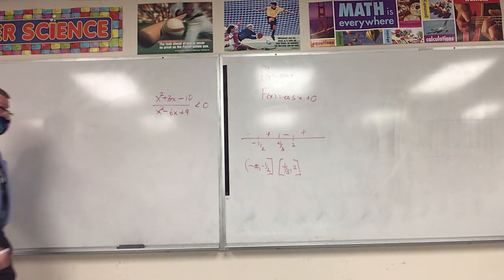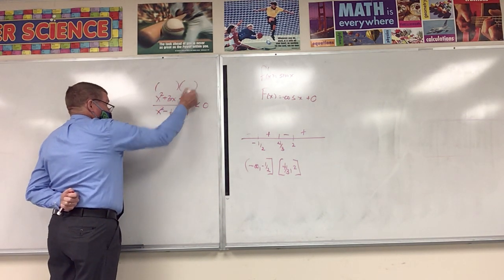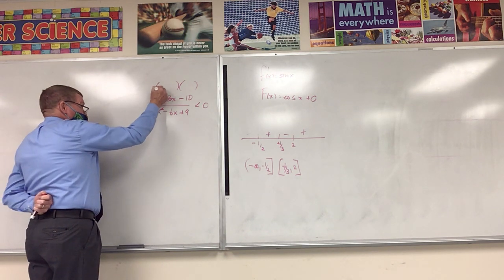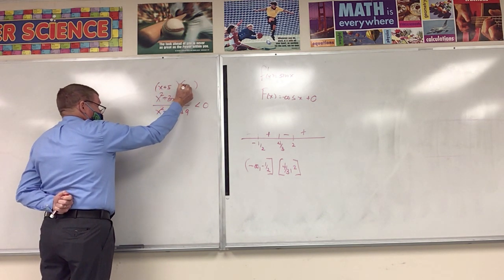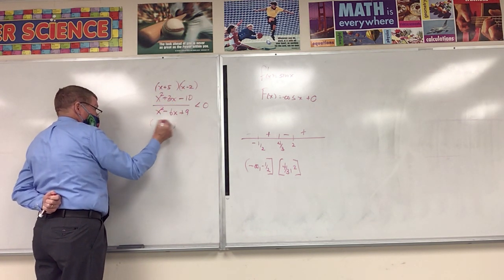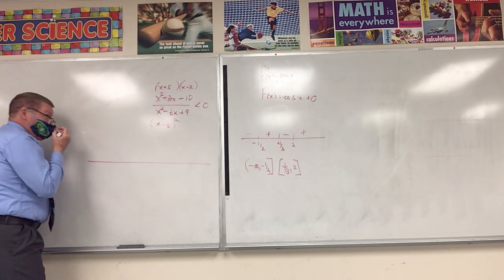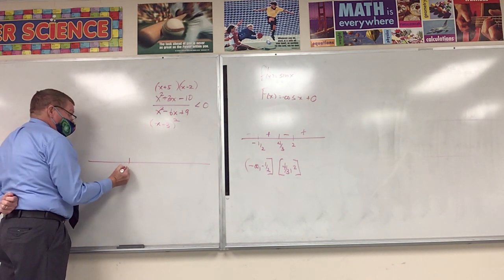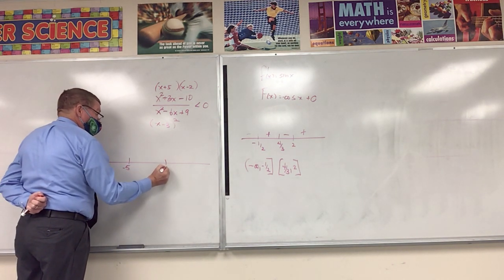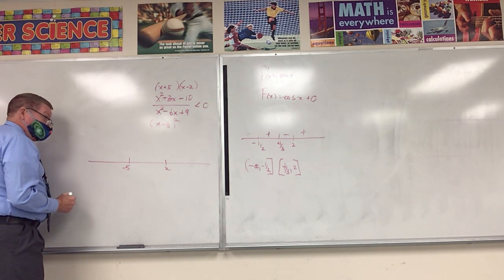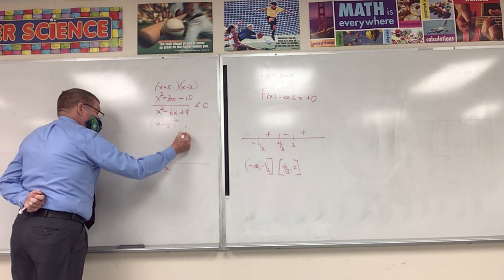Alright, so we're going to factor the top into x plus 1 times x minus 2 over x minus 3 squared. What are my zeros? Negative 5 and 2. What are my vertical asymptotes? 3.